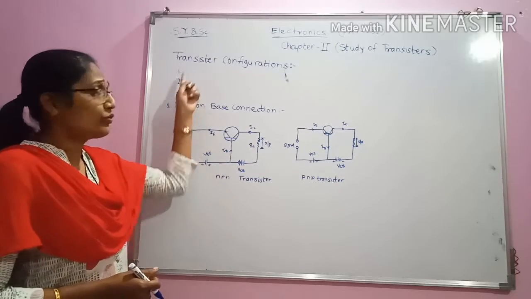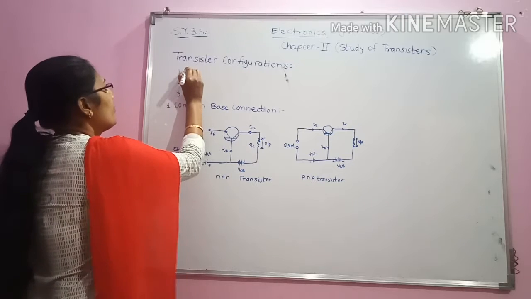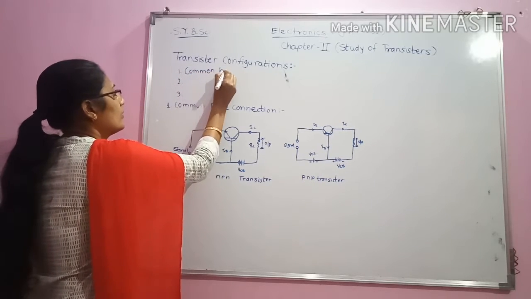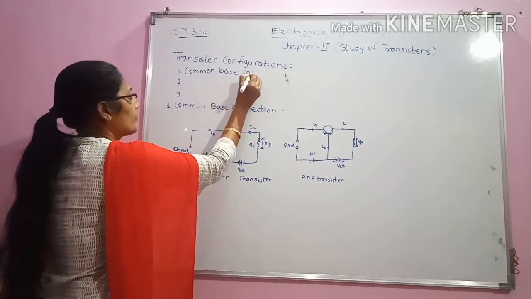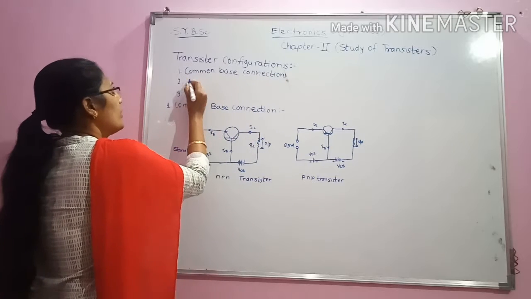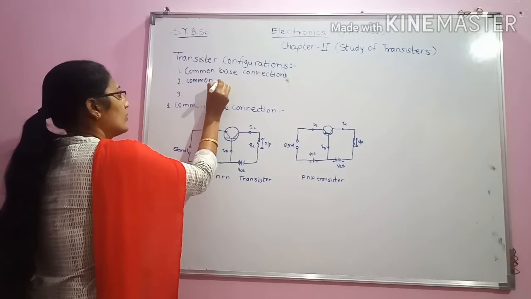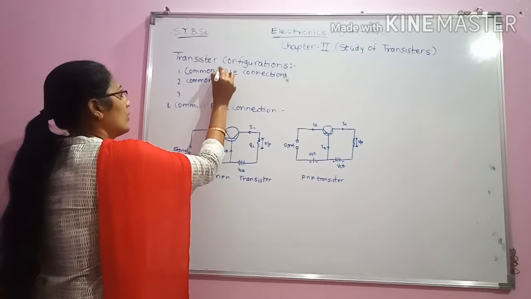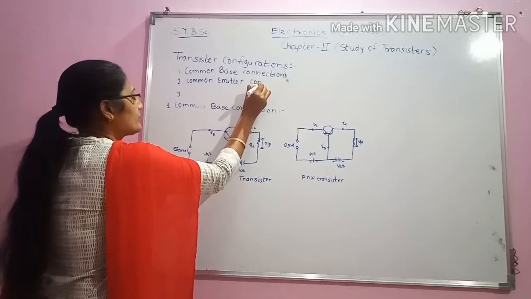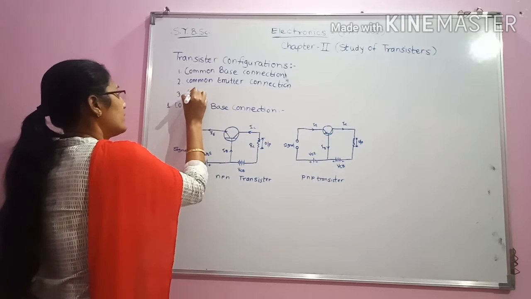There are three types of configurations in a transistor, and these are common base connection, common emitter connection, and common collector connection.